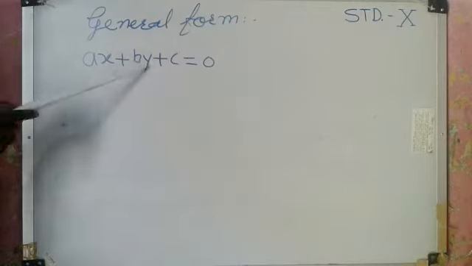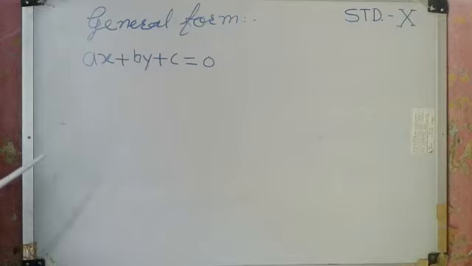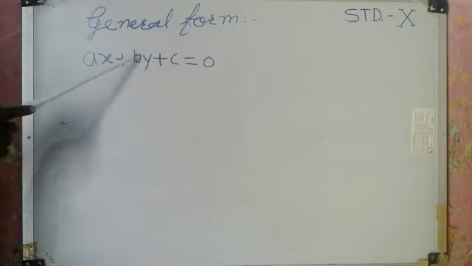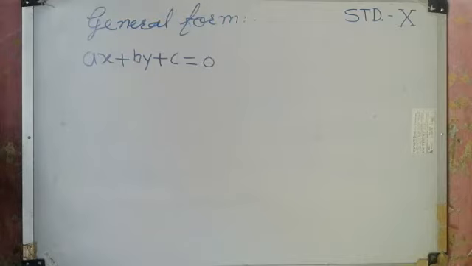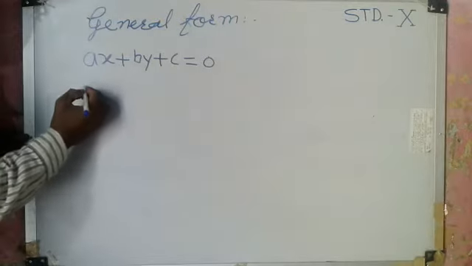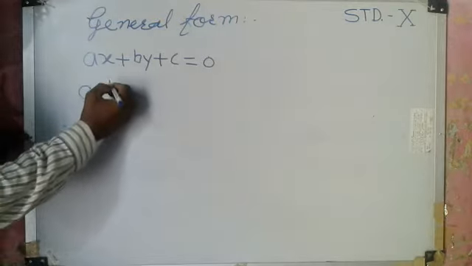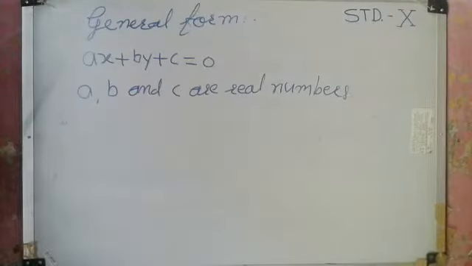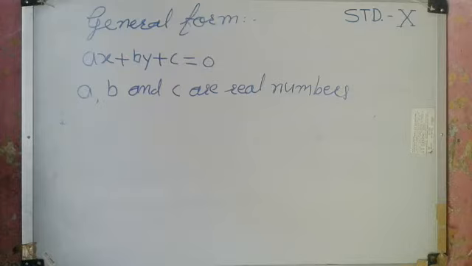Here x and y are two variables. A, B and C are real numbers. And also A and B are not equal to 0 at the same time.